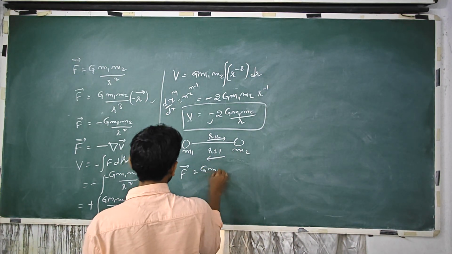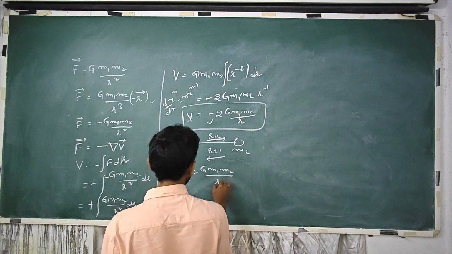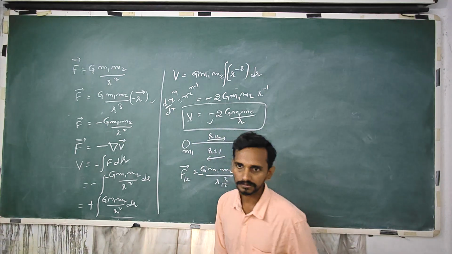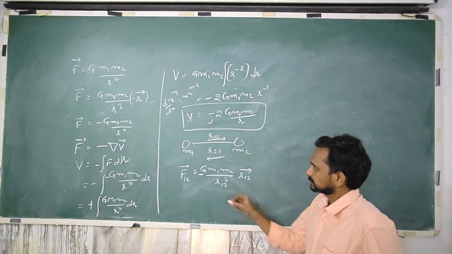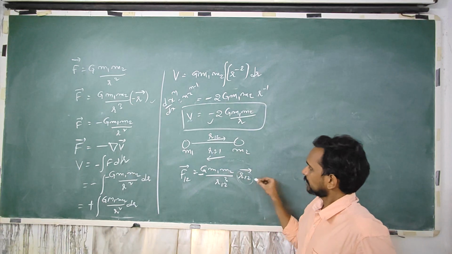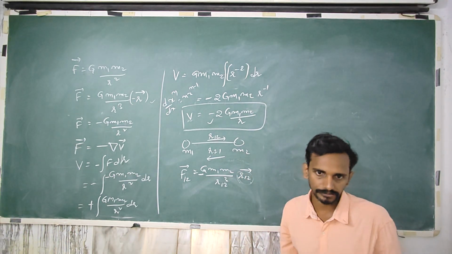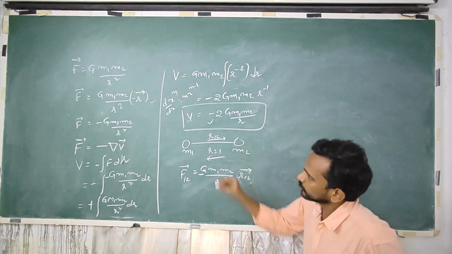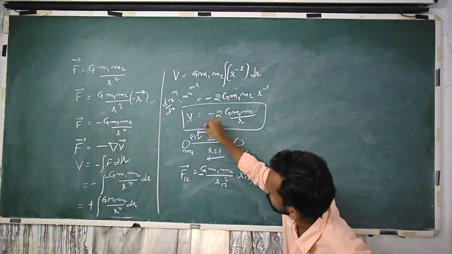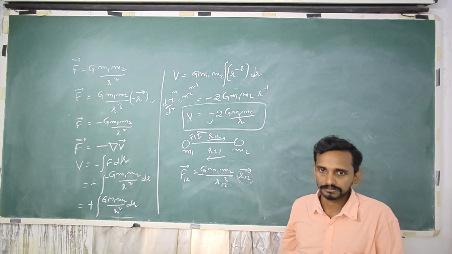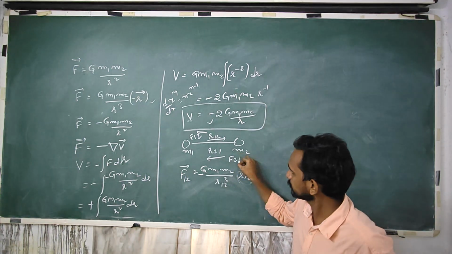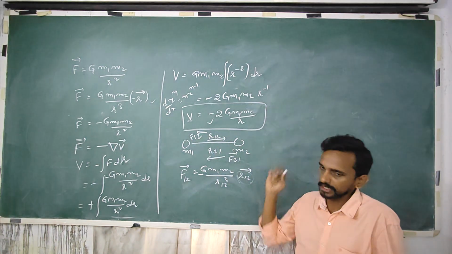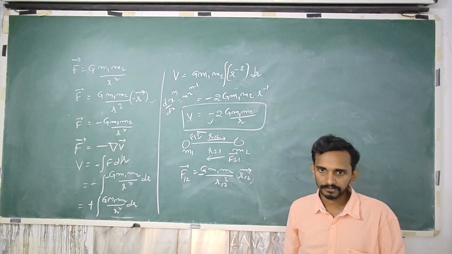F is equal to G m1 m2 by r square, so F12 is proportional to r12 direction opposite. So r12 is in this direction, so force F12 will be in this direction. The same way F21, force applied by the second object on one, will be in this direction. Okay.